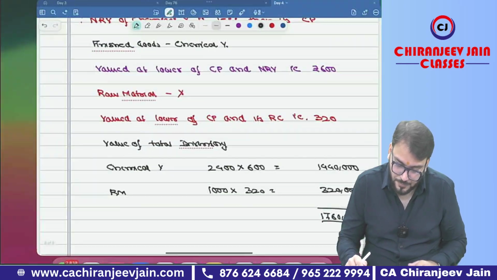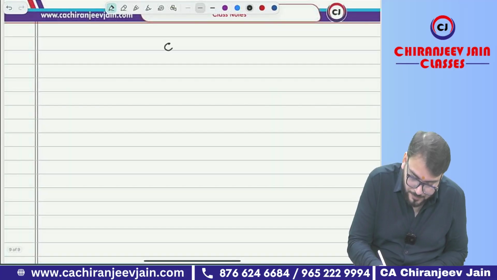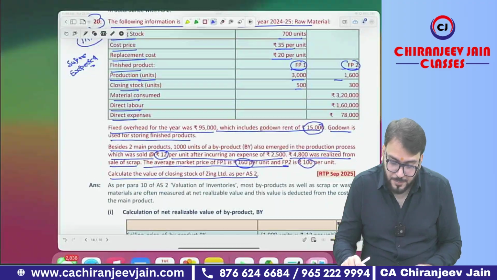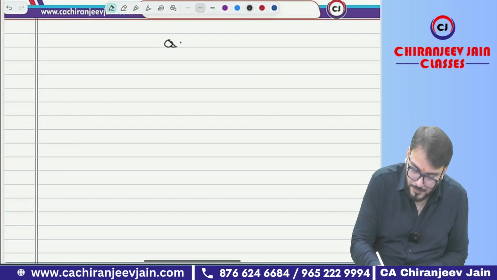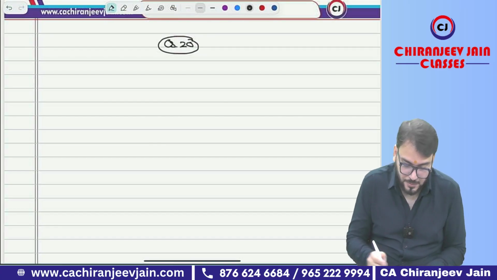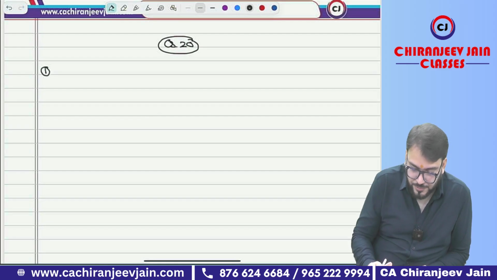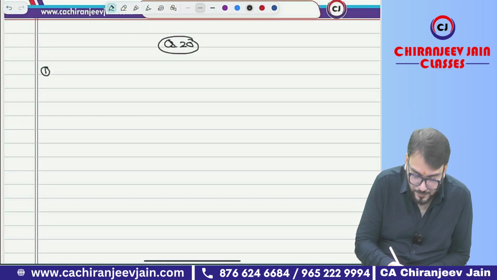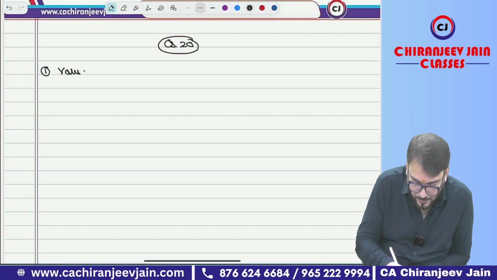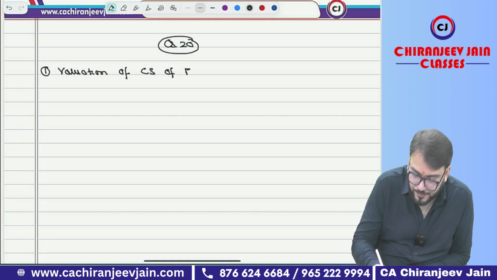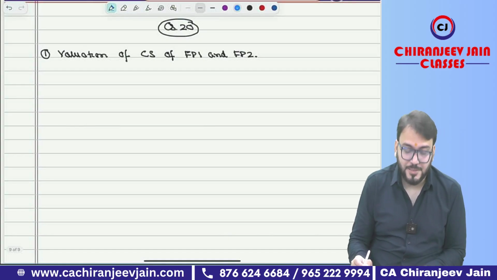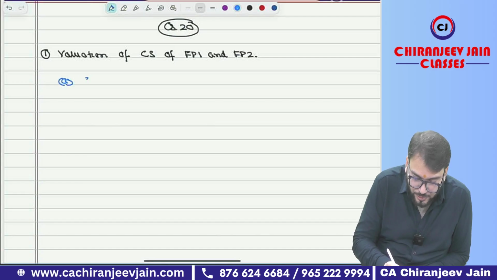We are doing question number 20. First, we should do valuation of closing stock of FP1 and FP2. In this, first we'll calculate the joint cost.